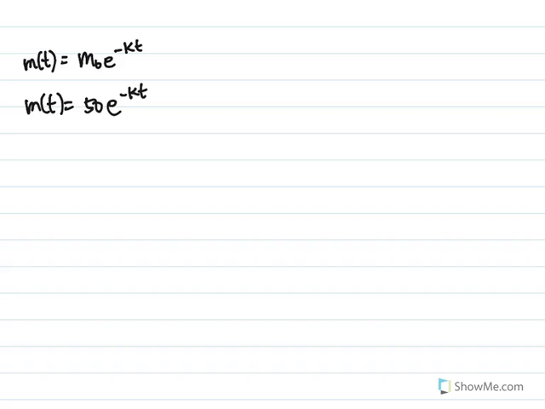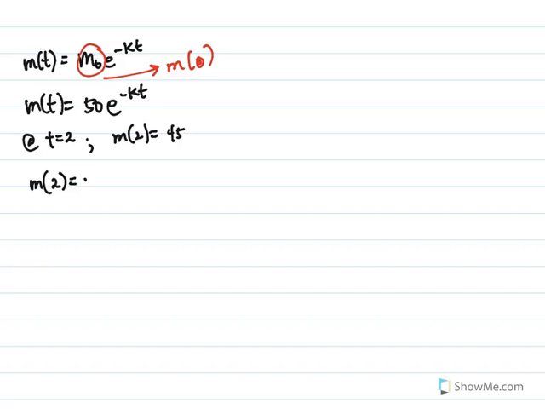We can go straight to that, because this one is always whatever is your amount at time equal to 0, and that is 50. So imposing our time equal to 2, which is m of 2 is 45 milligrams. So m of 2 equals 50 e to the negative k times 2. So that's 45 equals 50 e to the negative 2k.